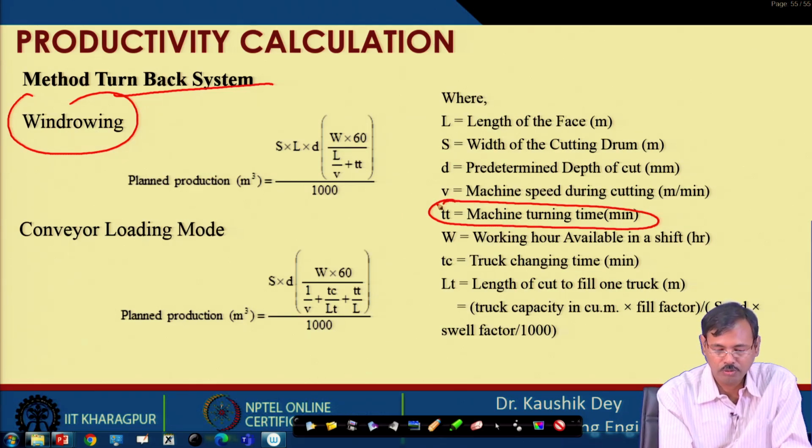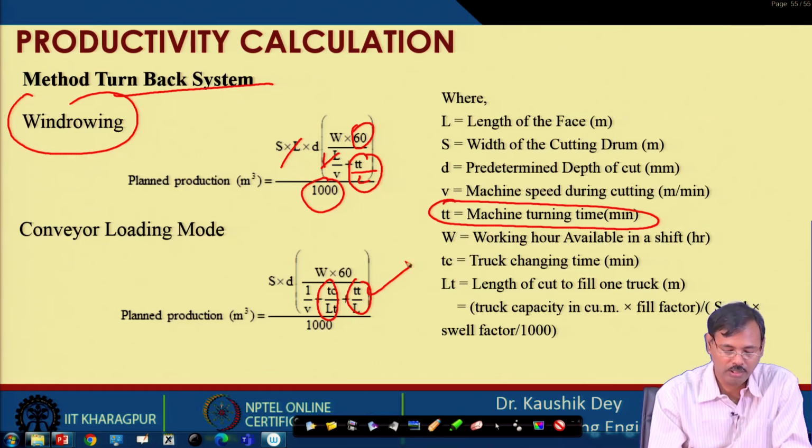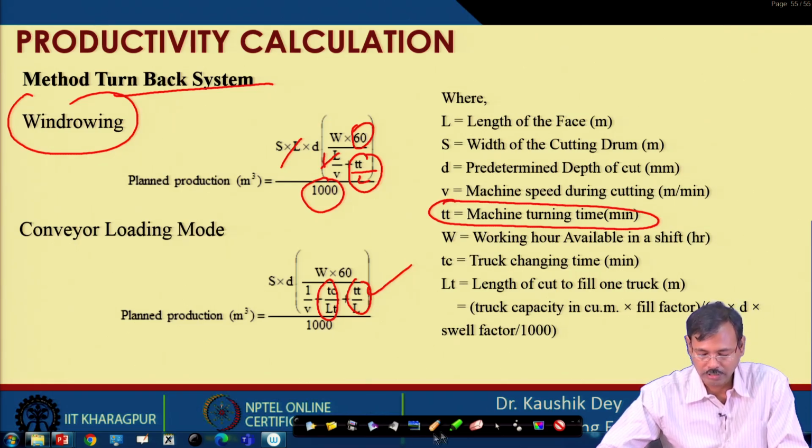So, again we are considering S into L into D, L by V plus TT, or in other words you can remove this and consider TT by L, because the turning time occurs after completion of one length of cut, and again this one and this one is utilized for millimeter and second. So, the same thing is considered at this place, L is considered here, this is for the frequency of the truck exchange, and this is the frequency of the turning with respect to the length.